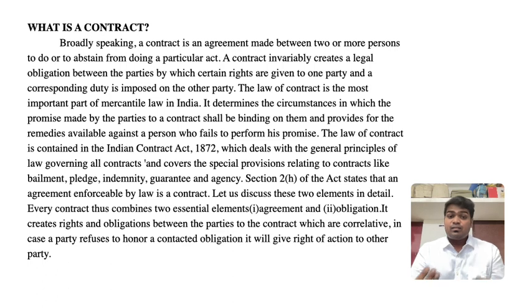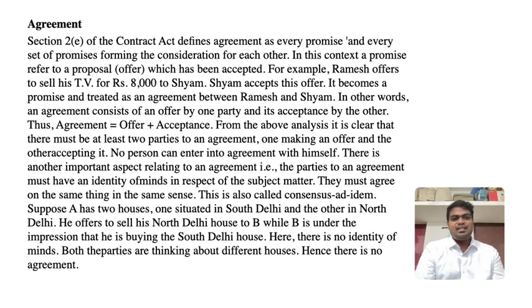Now comes the second question: what is an agreement? What is enforceability? We will once more go back to the Indian Contract Act. What does it tell us about an agreement? In section 2, subsection E, the Contract Act defines what an agreement is: every promise and every set of promises forming the consideration for each other.